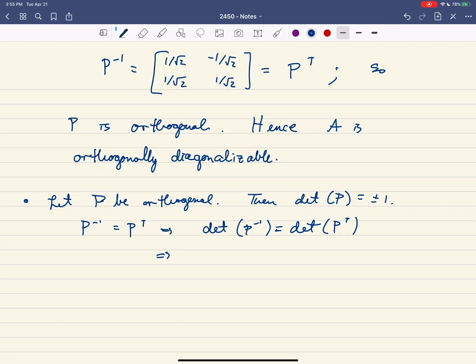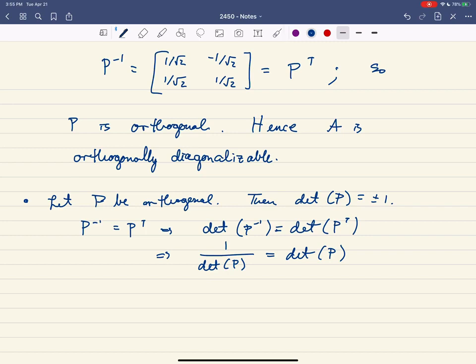And we know from everything that we've talked about in this class that the determinant of the inverse is 1 over the determinant of the original matrix P, and the determinant of P transpose is also equal to the determinant of P, right? Taking the transpose doesn't change anything about the determinant because you can work along rows or columns equally. Everything's fine.